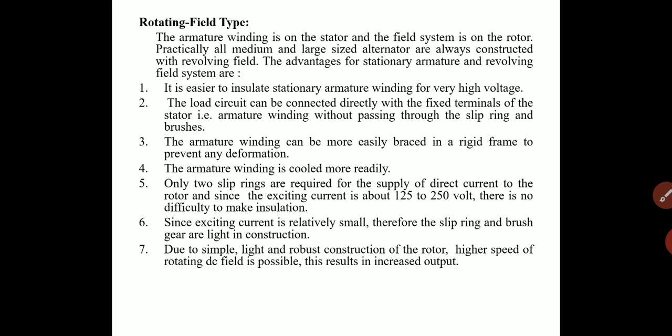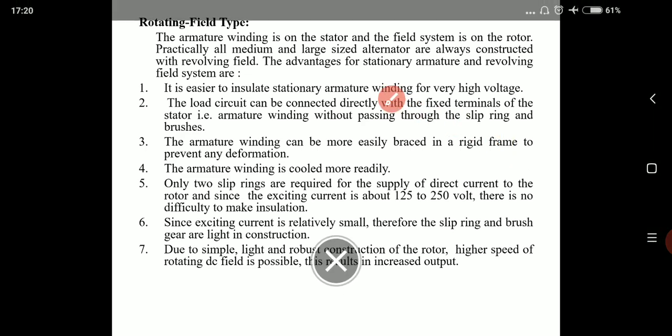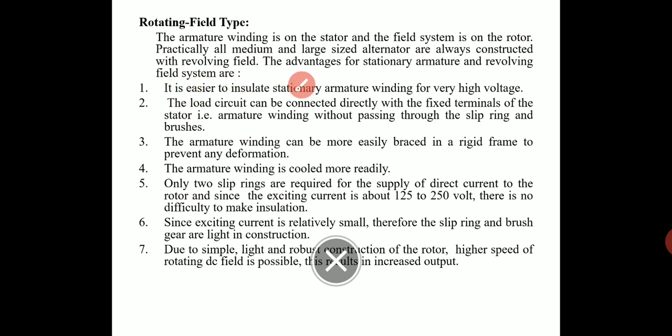But if it is in the stator, it is easy to construct. So the first advantage is that it is easy to insulate the stationary armature winding for very high voltage, that is 33 kV like this.